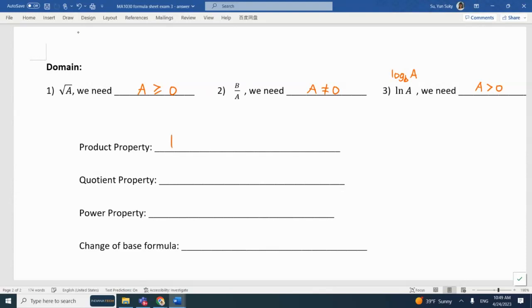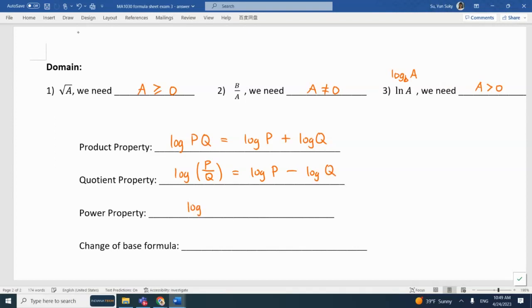Product property: log of p times q is log p plus log q. This is true with all bases, so I don't put the base there. Quotient property: p over q is log p minus log q.